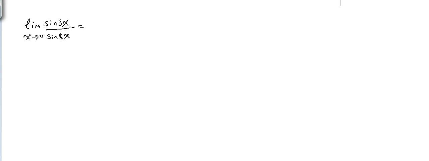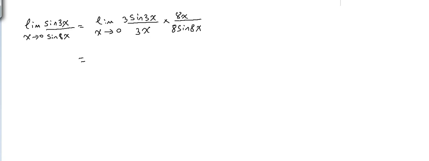Let us multiply x over x, 3 over 3, 8 over 8. 3 by 3 we can cancel, x by x we can cancel, 8 by 8 we can cancel. We didn't do anything to the original fraction, which was sine 3x over sine 8x.